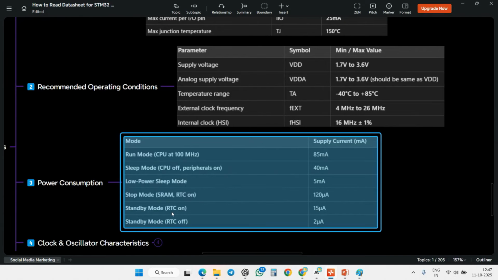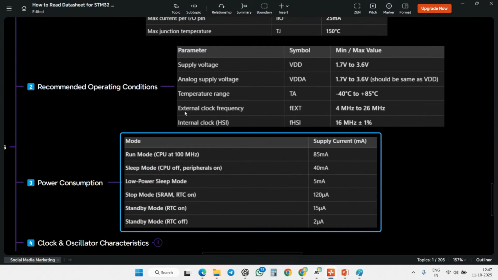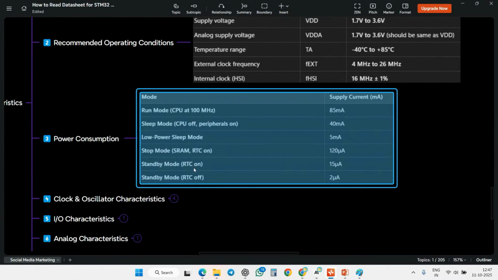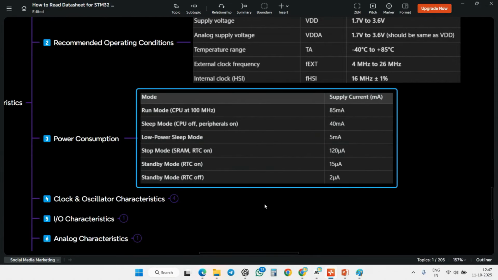In standby, all the peripherals are completely off, and only your RTC is on. In this mode, only your SRAM is on and other peripherals are off. Your SRAM and RTC are on, other peripherals are off, and the current is only 120 microamps. In standby mode with only the RTC on, it takes just 15 microamps. Another standby mode is also there, where the RTC is also completely off. It takes only 2 microamps.